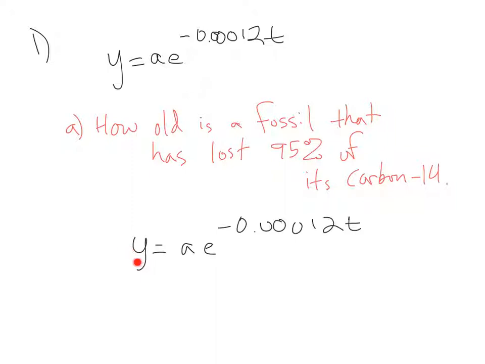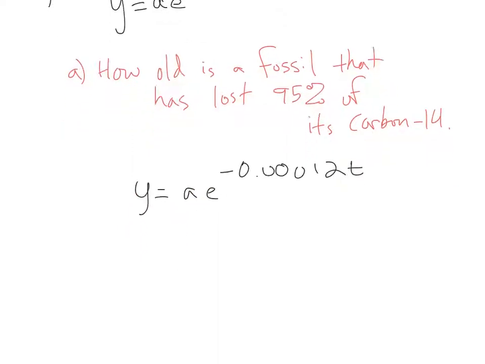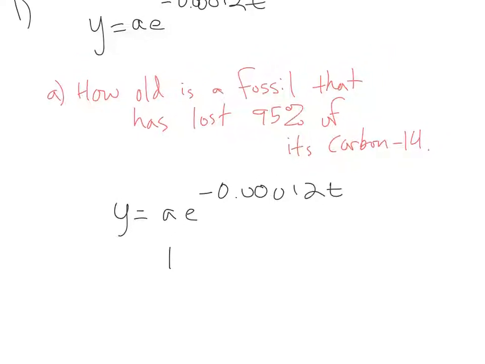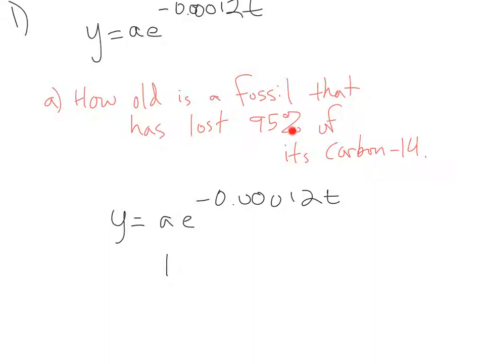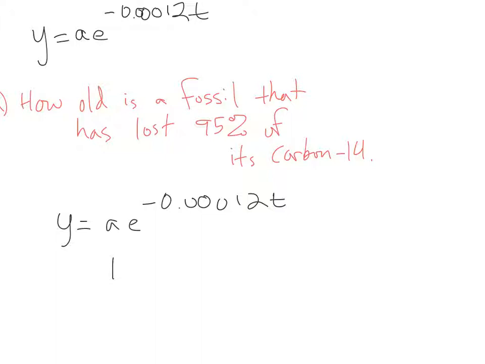And I want to figure out my initial value. Well, everything starts out as a whole, so we're actually just going to replace my a with 1. Now, the fact that this fossil has lost 95% of its carbon-14 means that there is 5% remaining.